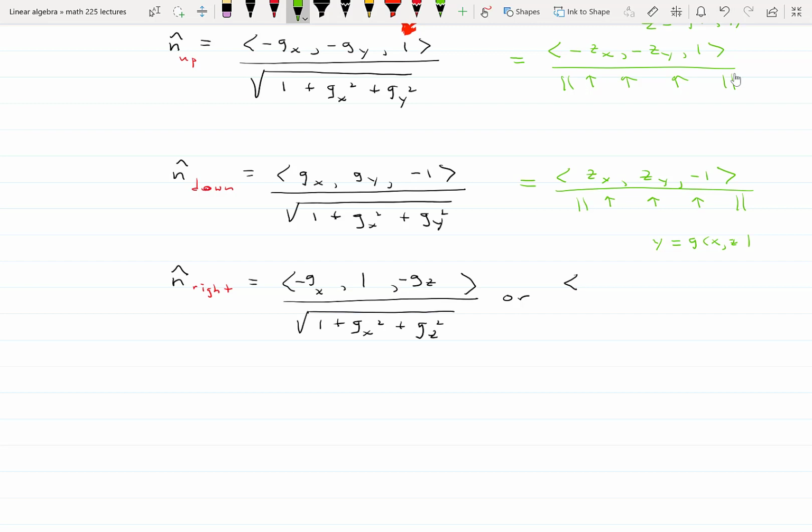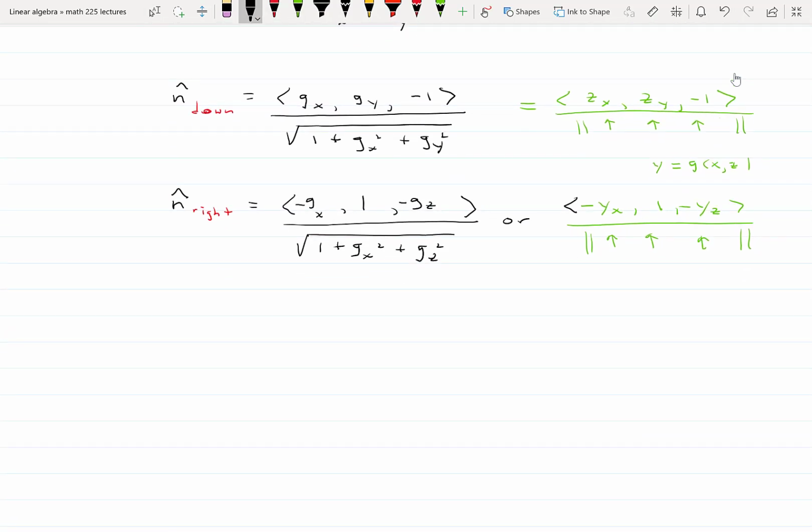So the simplified notation would be minus y sub x, 1, minus y sub z, over the length of the vector above, to make a unit vector.